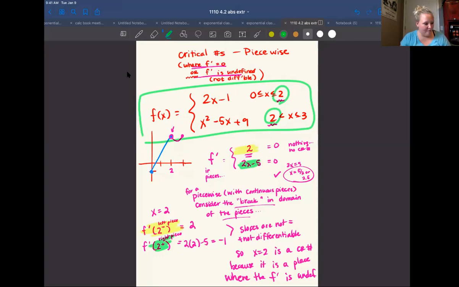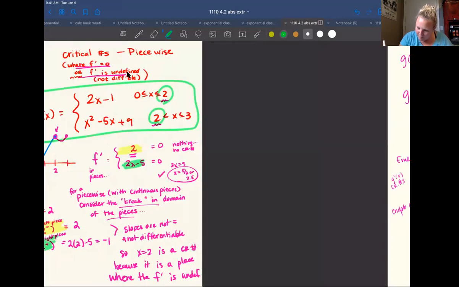Again, you take the derivative of the pieces, and you find anything that would make them 0 for critical numbers. I have another one.